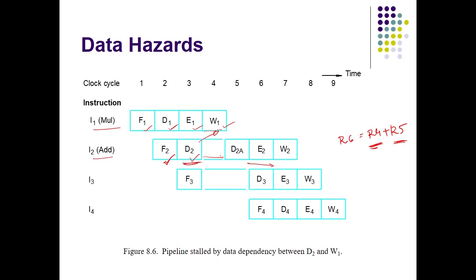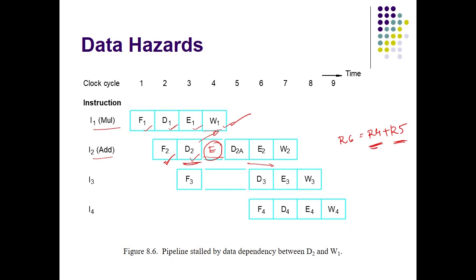His question is why the second instruction will fetch R2 before completion of W1. Ideally it should execute here, but R4 is not yet written to the register.